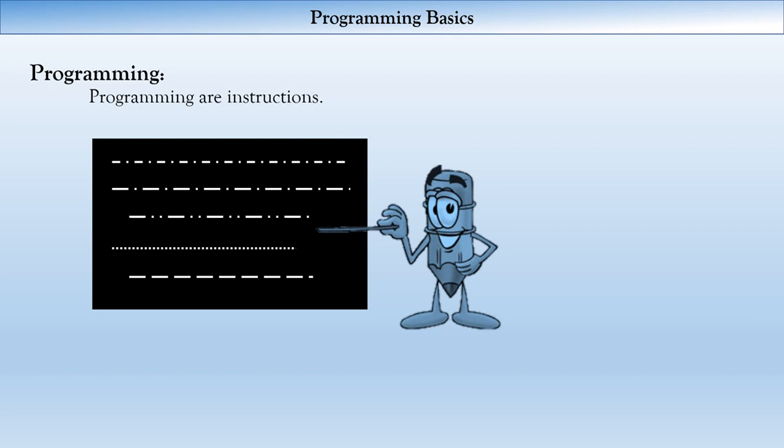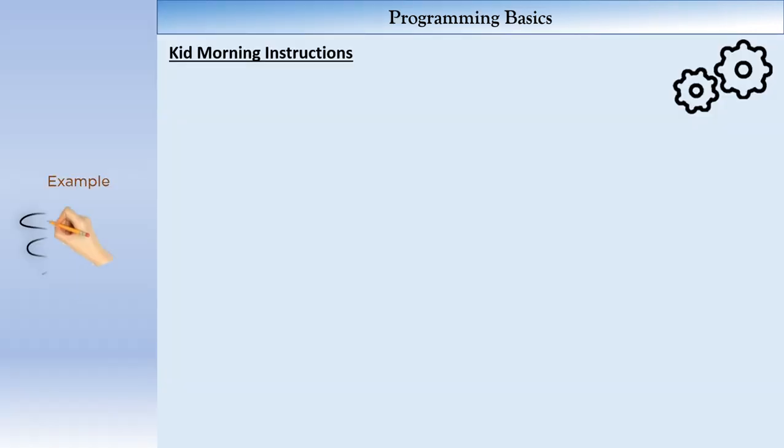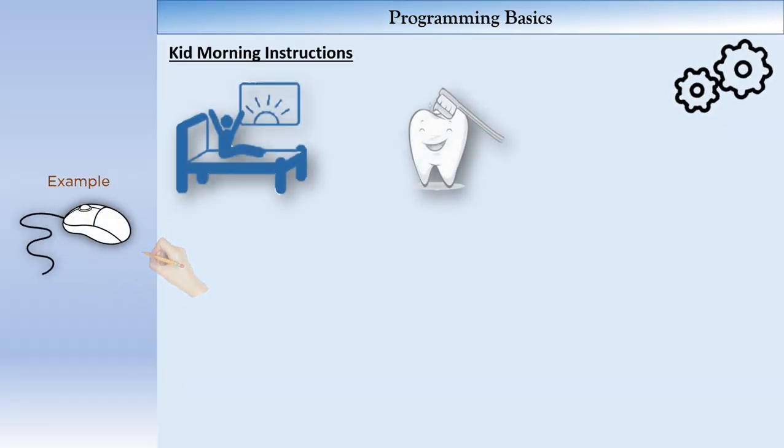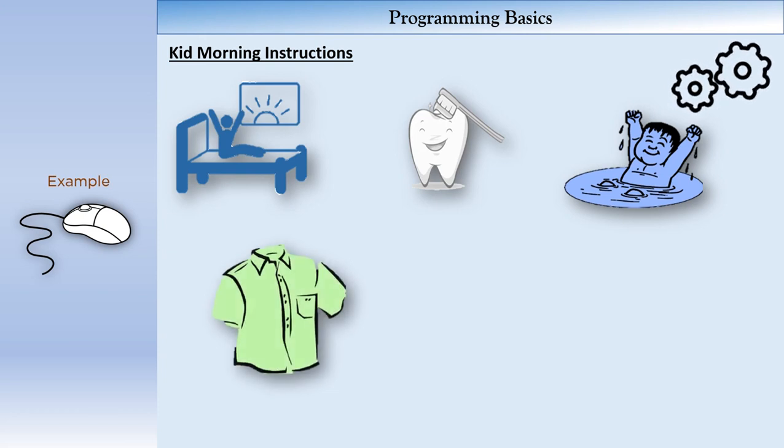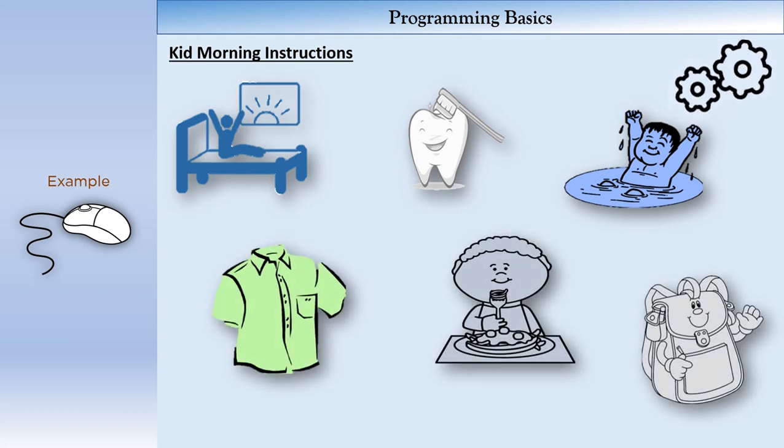So what is programming? If we take a closer look at programming, it has a word program in it, which means instructions. So programming is a set of instructions that is used to perform any task. For example, for a child, programming is to get up from the bed in the morning, brush teeth, take a bath.